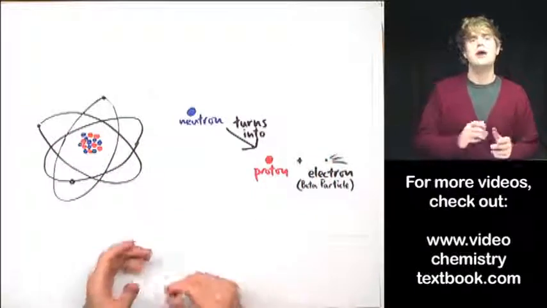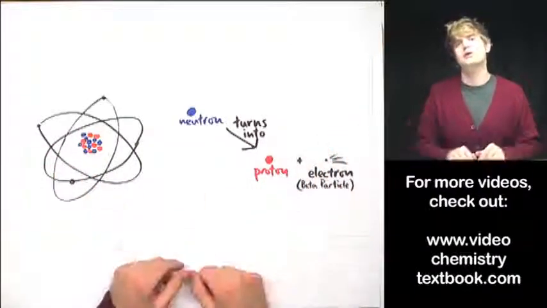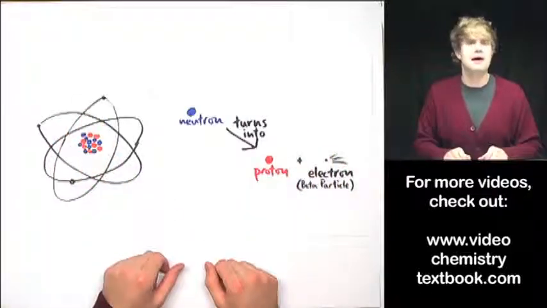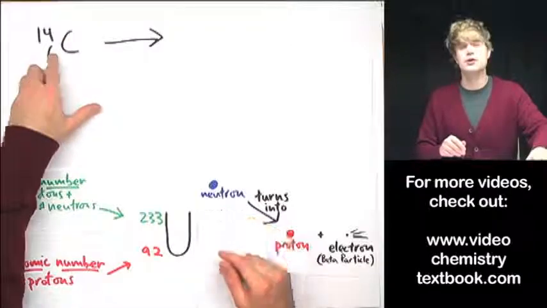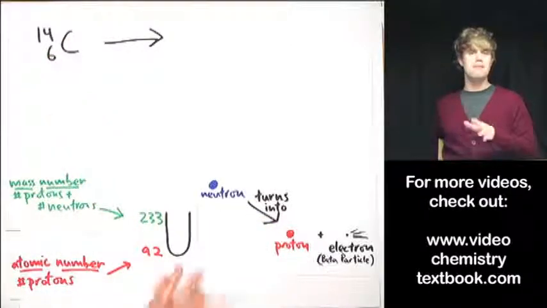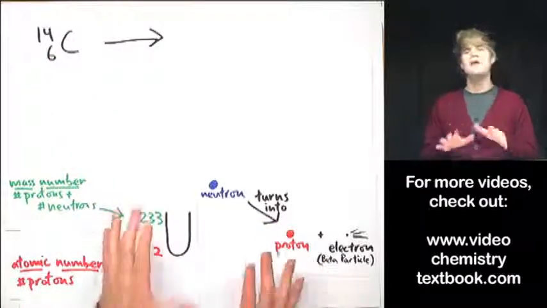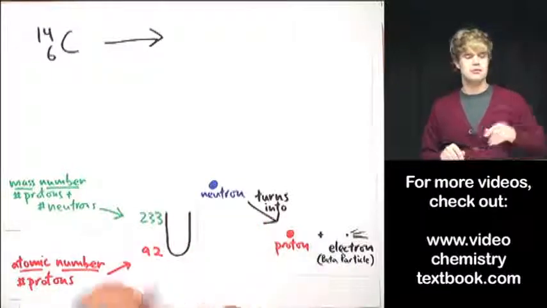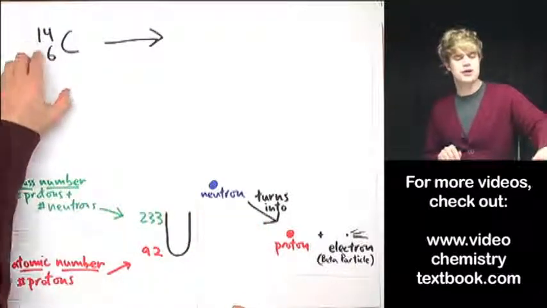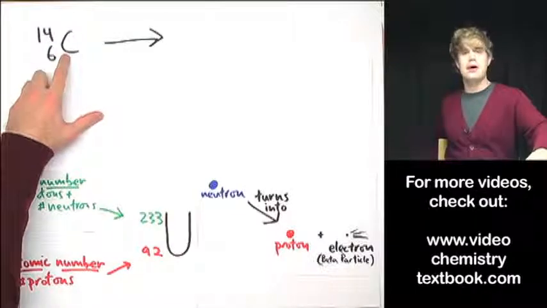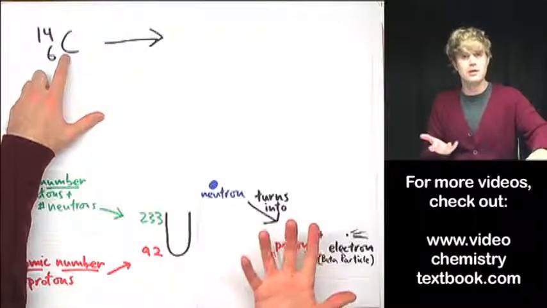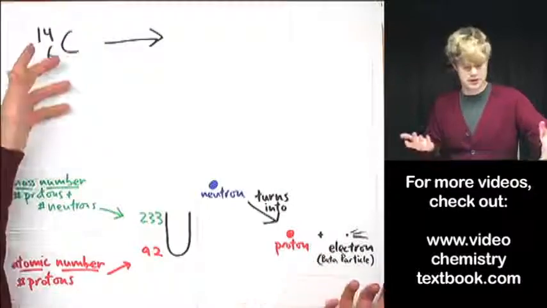Now let's look at how we write nuclear equations for beta decay processes. We want to know what happens when carbon-14 undergoes beta decay. Whenever we do these nuclear problems, the atoms are always written in what we call isotope notation. There's a letter that represents the element, here C, so that's carbon.